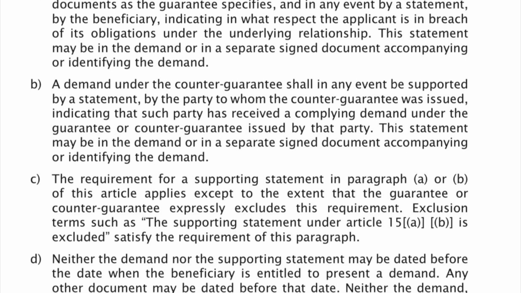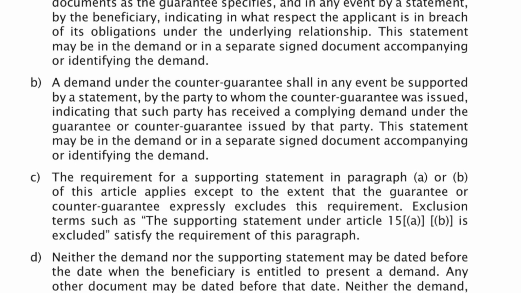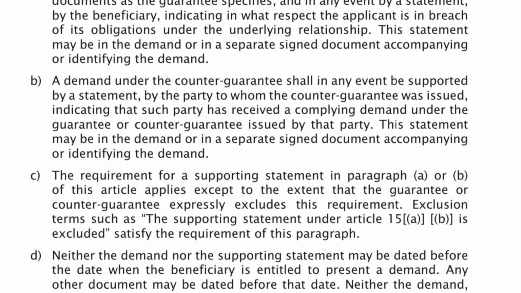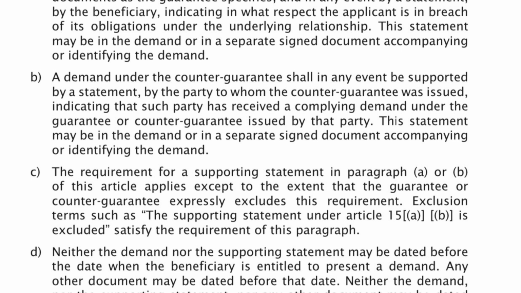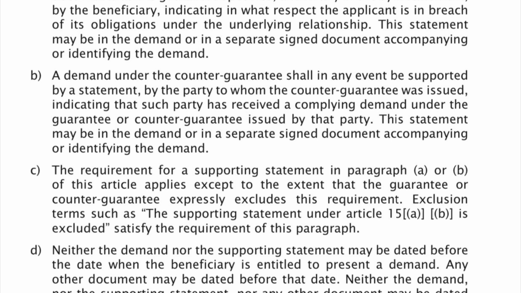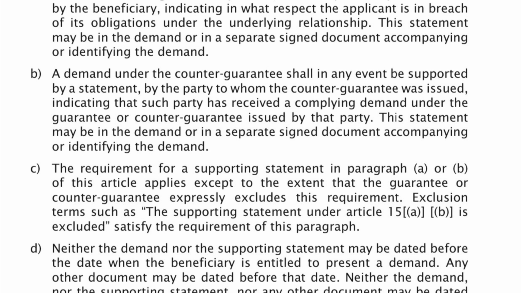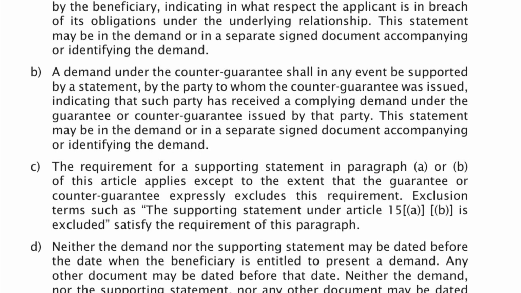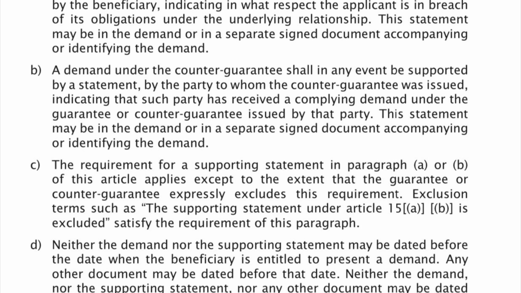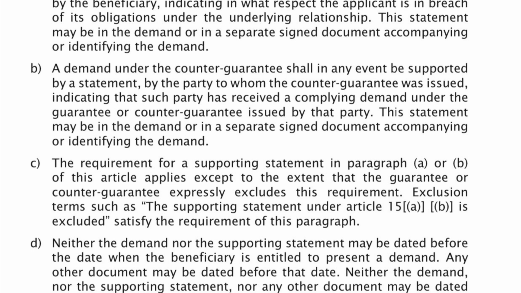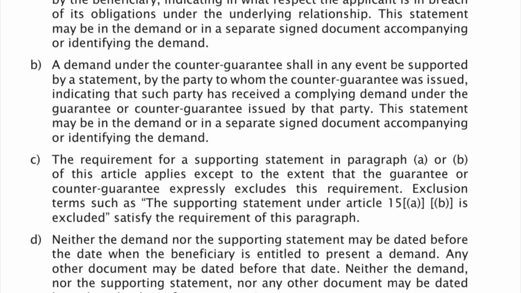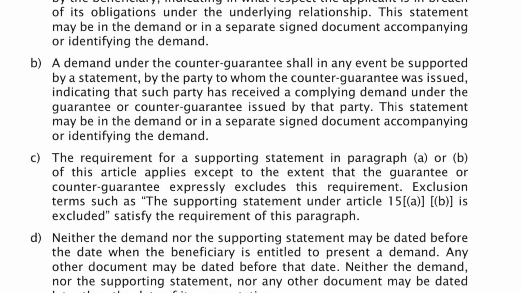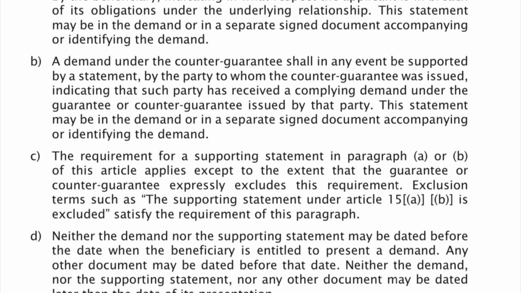Exclusion terms such as "the supporting statement under Article 15A or B is excluded" satisfy the requirement of this paragraph. So as we discussed, URDG 758 sub-article 15C sets out express conditions for the exclusion of sub-articles 15A and 15B, relating to the statement of breach of the underlying relationship.